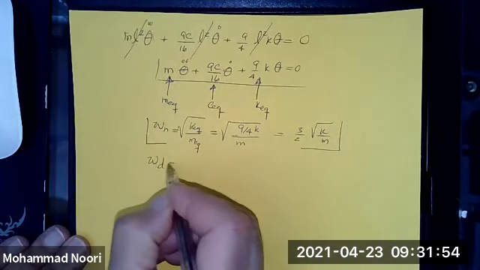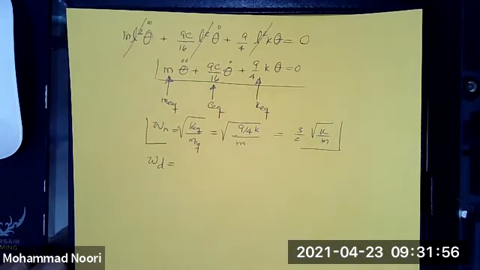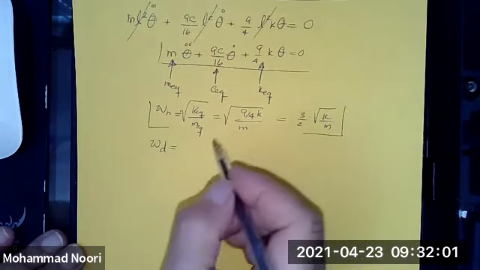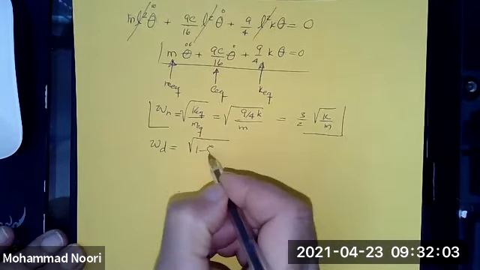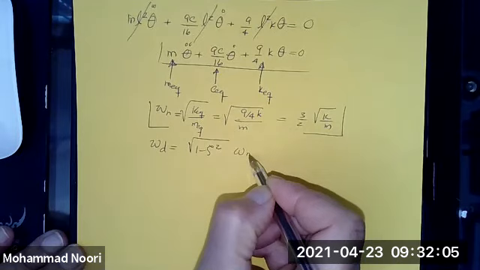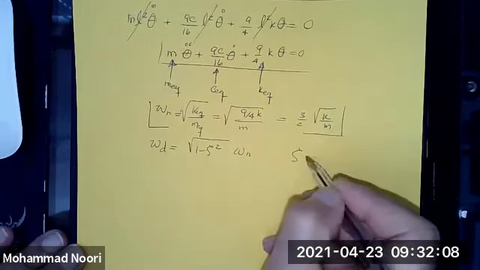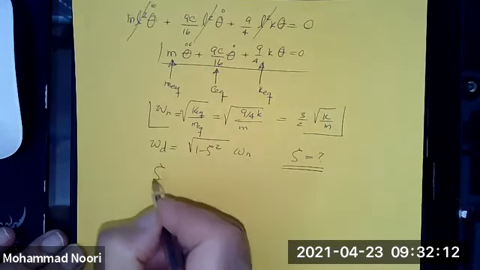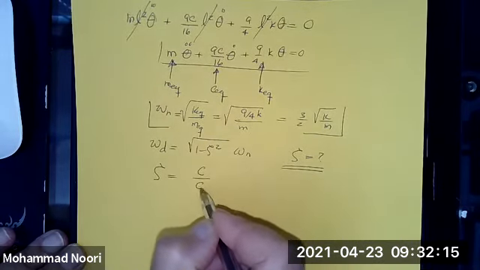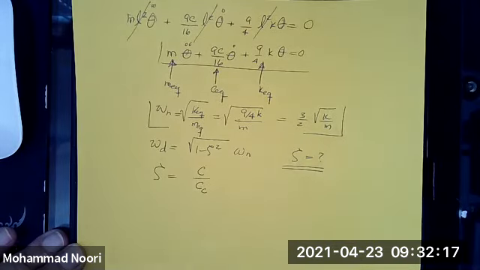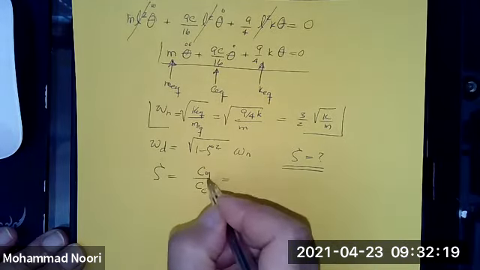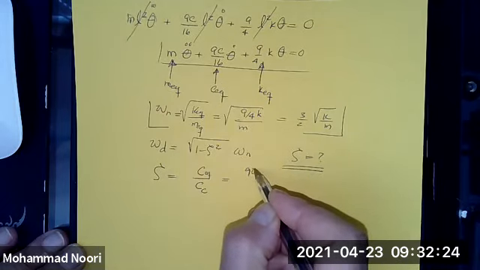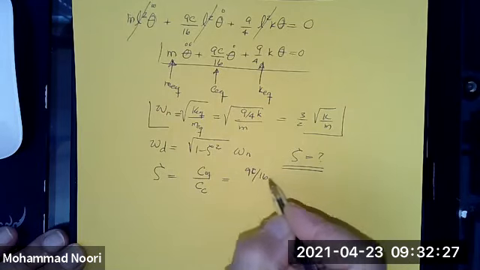But what is the frequency of this damped system, which is omega d, is square root of 1 minus zeta squared times omega n. But what is zeta? How do you find zeta? Let's find zeta. Zeta is c over the critical damping coefficient, right? So it's the c in the system, which is 9c over 16.